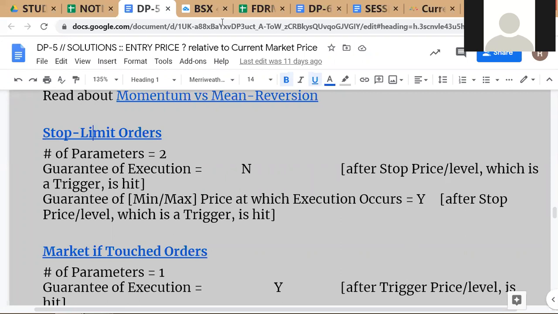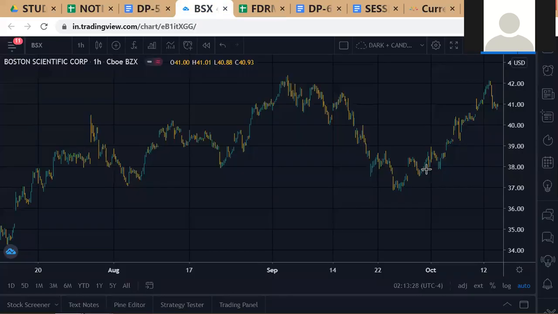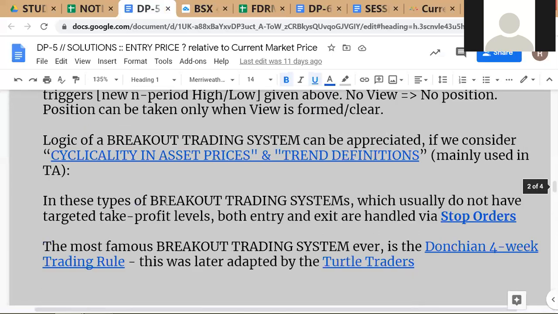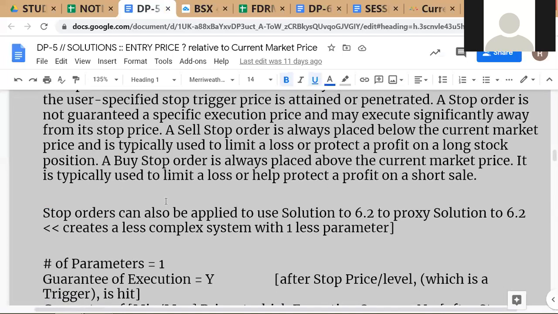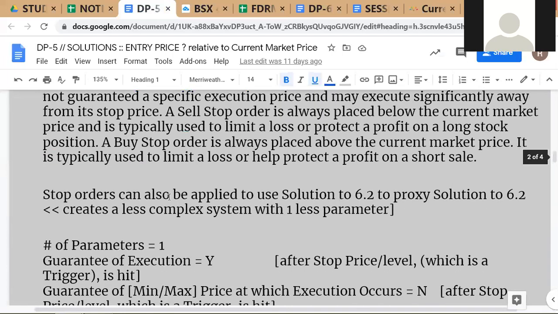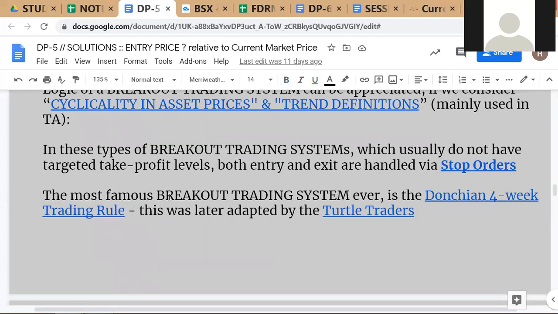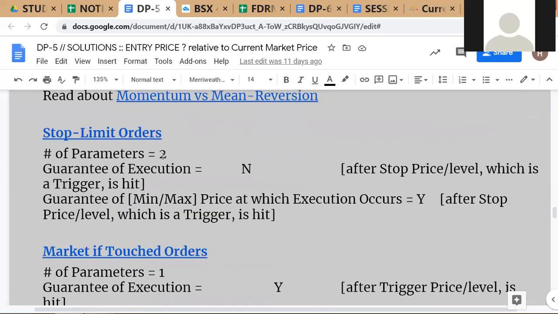Okay, so the stop limit orders. Now understand this, which is why I said two parameters. Notice that a stop order has only one parameter, which is the stop trigger price. In the case of a stop limit, there are two parameters: the stop trigger and the stop limit price.